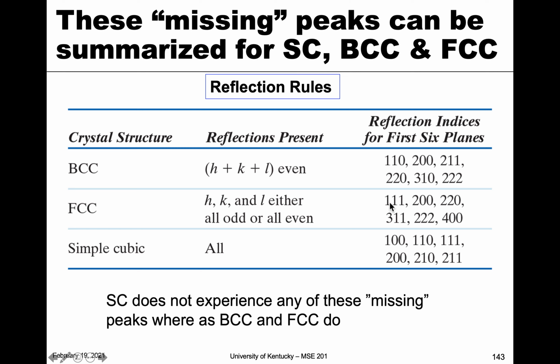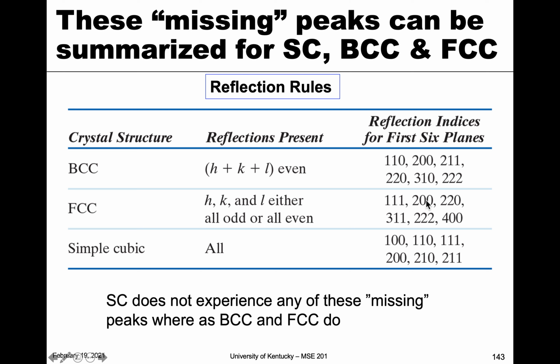So if we have the plane 111, H, K, and L are all 1, right? And 1 is odd. So all of them are odd. Here, 0 and 2, those are both considered even. 2, 2, 0, again, all of those indices are considered even. 3, 1, 1, all of those are odd. 2, 2, 2, 4, 0, 0. So all of these are either all odd or all even.